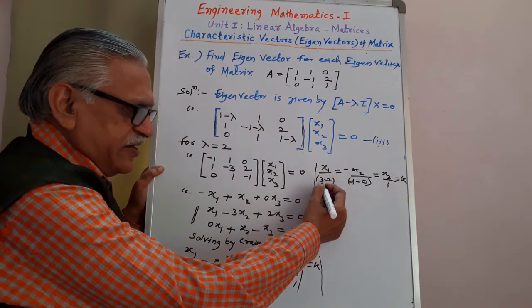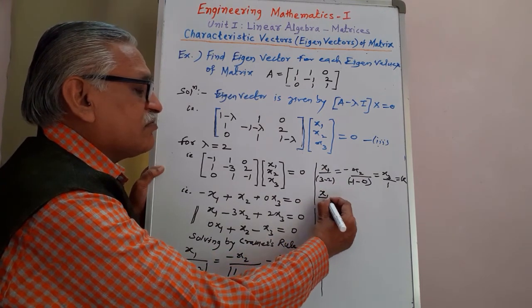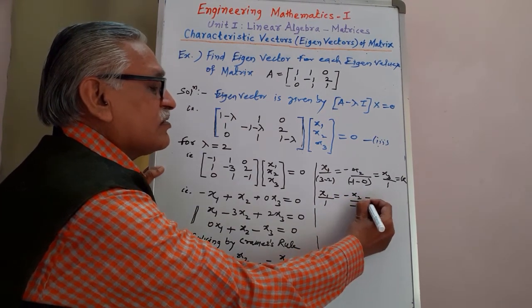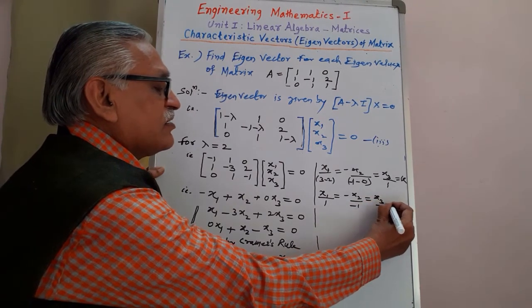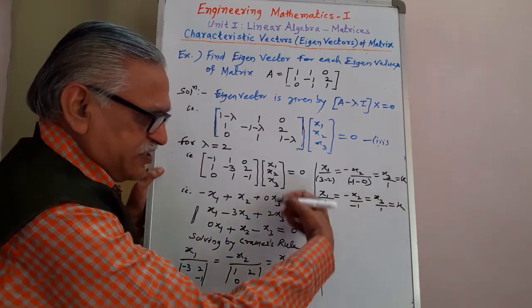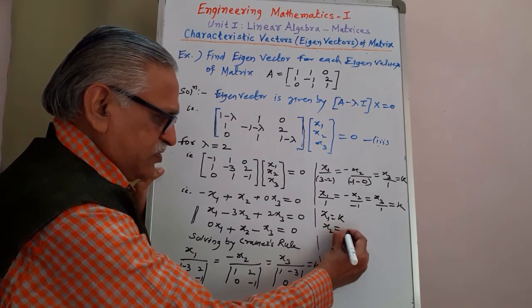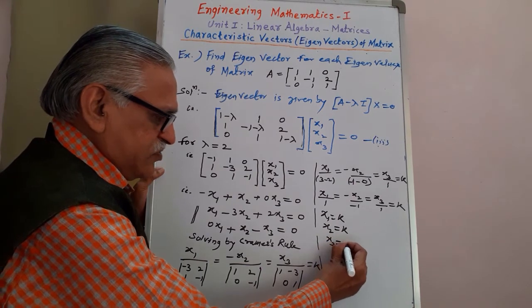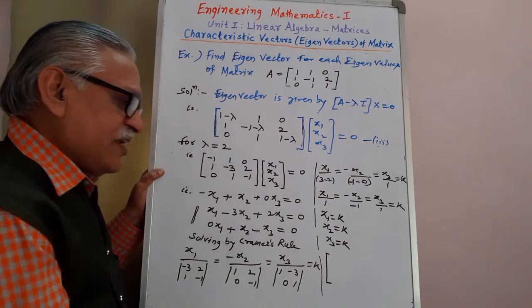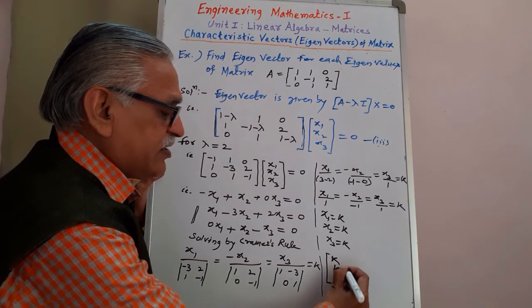Therefore, equating each ratio to k, we get x1 equals k, x2 is equal to k, and x3 is equal to k, and therefore the eigenvector corresponding to the second eigenvalue is k, k, and k.